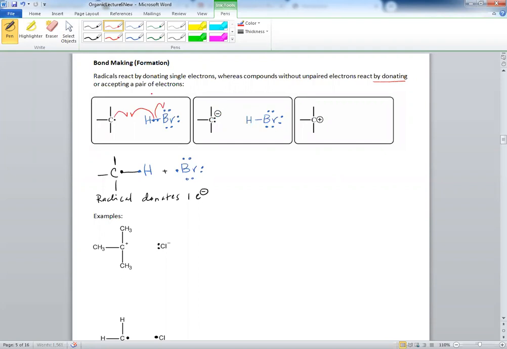Here, by donating a pair of electrons, look what happens. This means a bond is forming between the H and the C. Now, of course, this bond has to break. And by the way, you can put them also below as well. It doesn't really matter. So this would be the product.